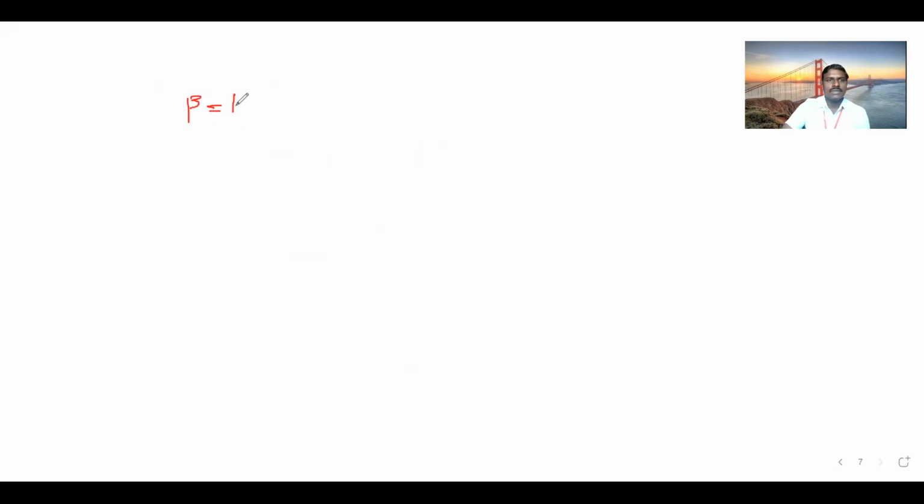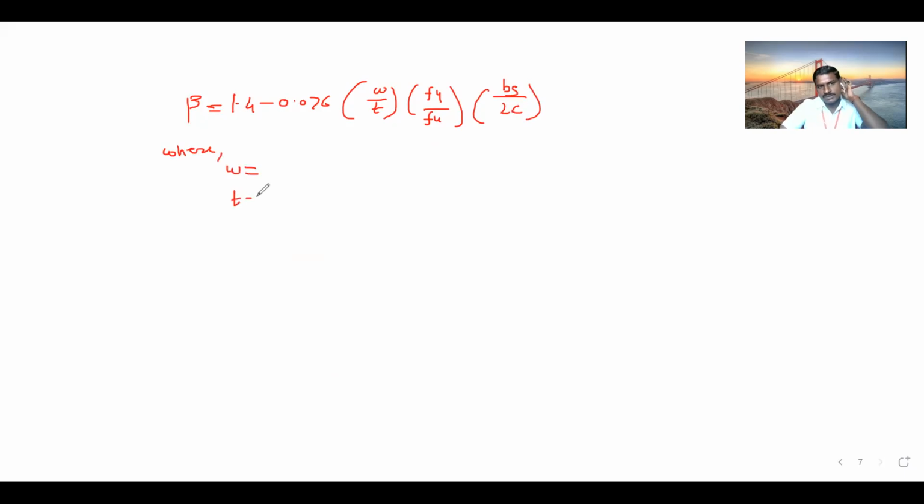Completed, sir. Beta is 1.4 minus 0.076 into W by t into Fy upon Fu into bs upon Lc. So here W is equal to how much? 45.